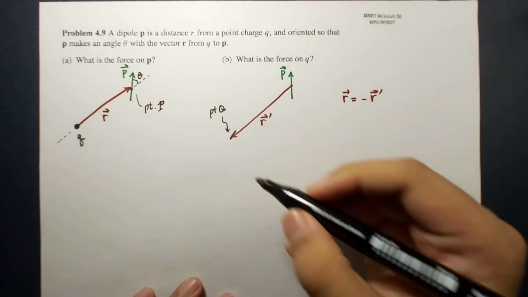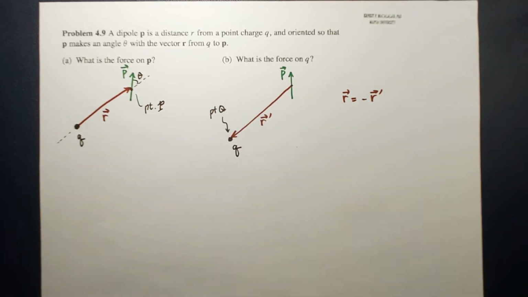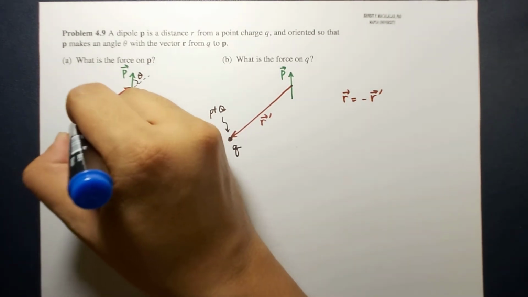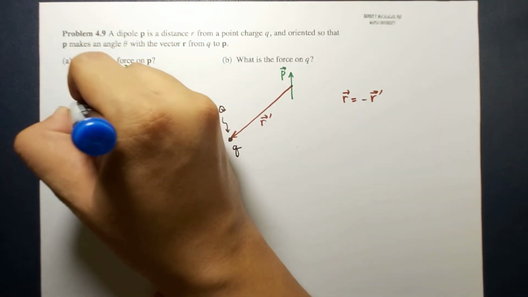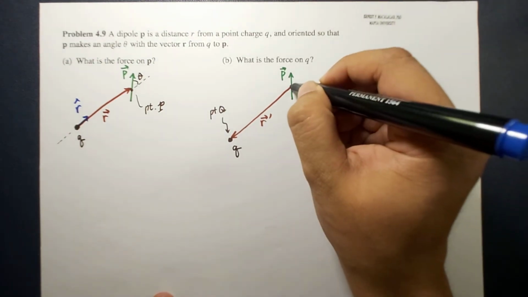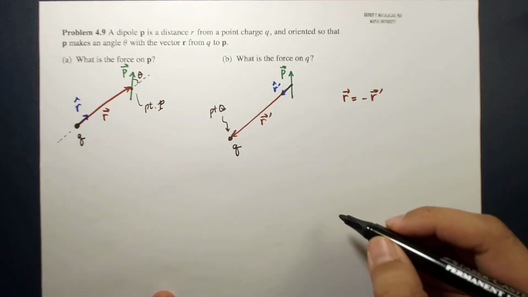Now at point Q, we have our charge small q. In this manner, we can define two unit vectors: this is r hat, and let's call this r hat prime.